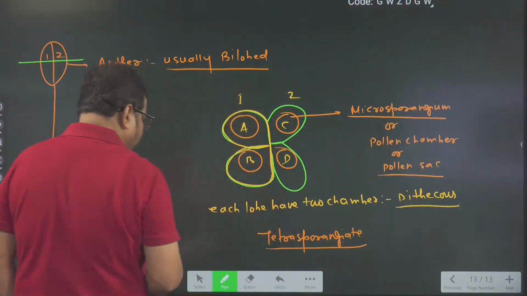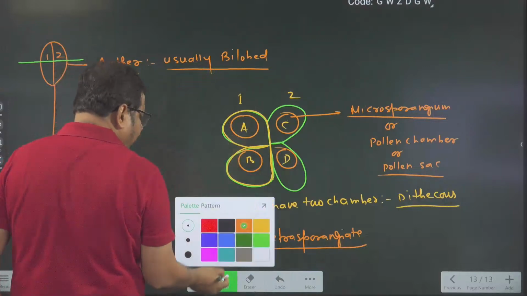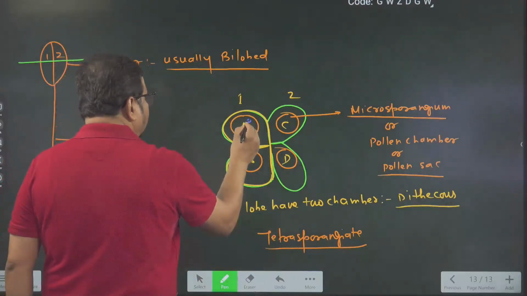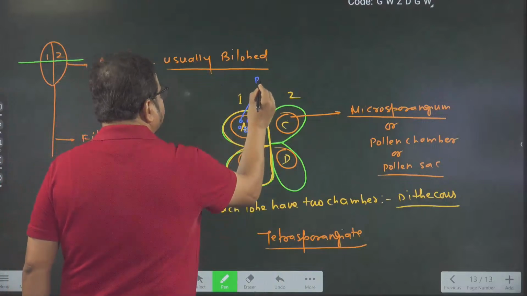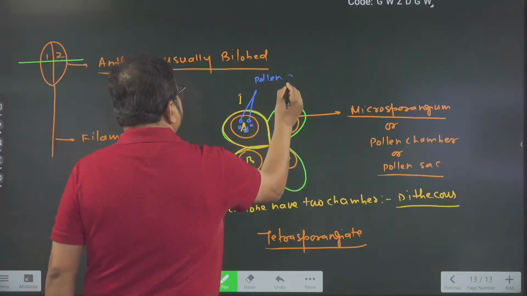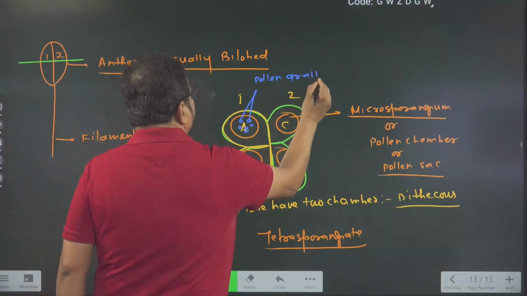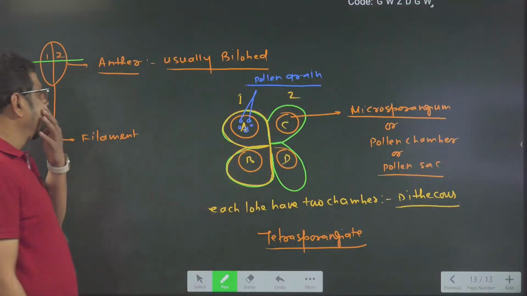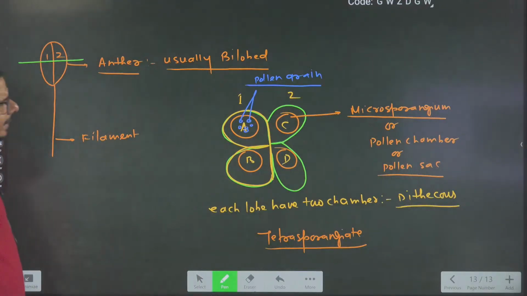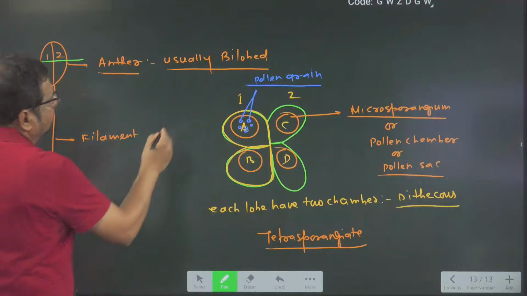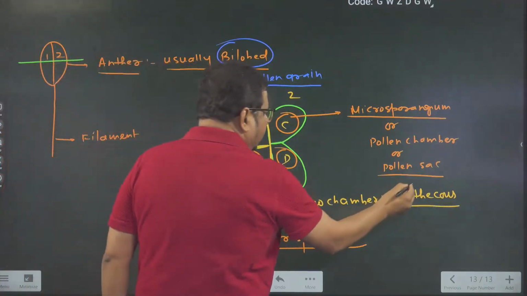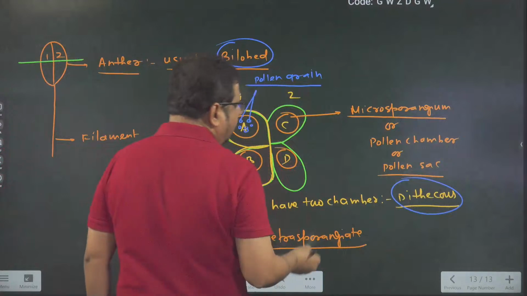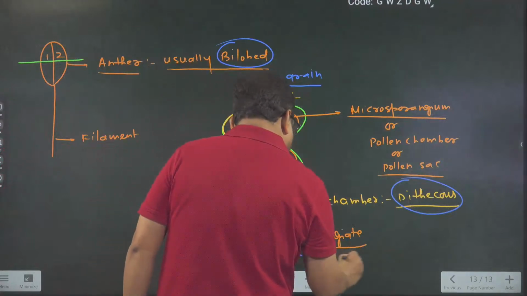And inside this pollen chamber, what is forming later on? Pollen grain. So later on, formation of pollen grains occurs in these pollen chambers. I hope you understand the meaning of bilobed, dithecous, and tetrasporangiate.